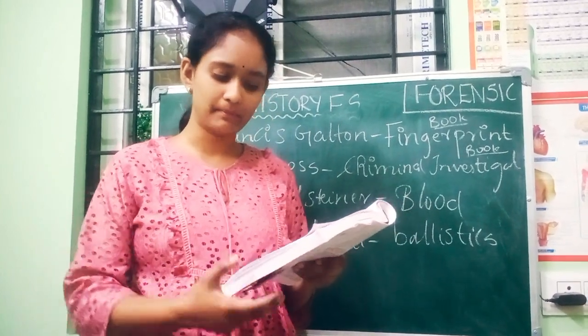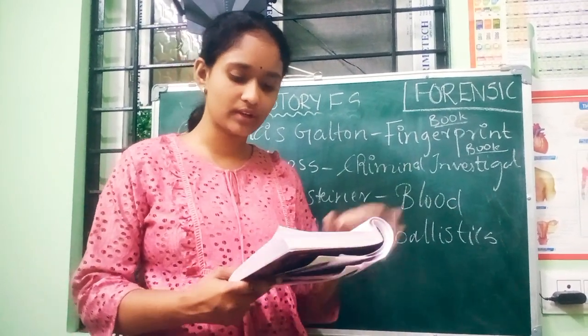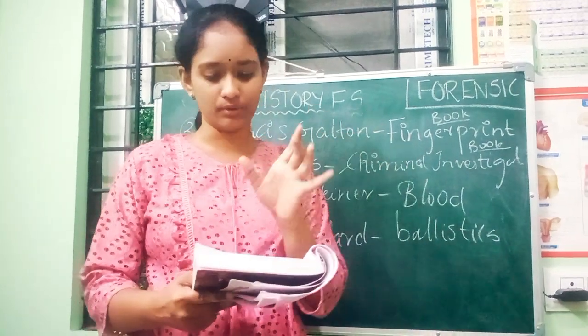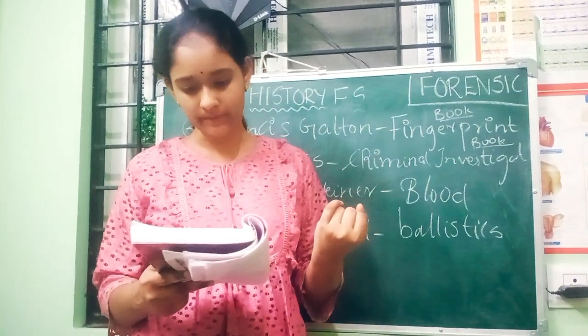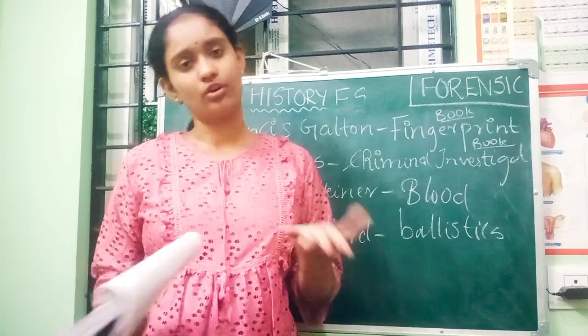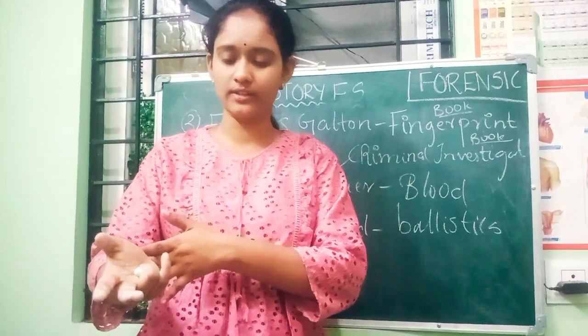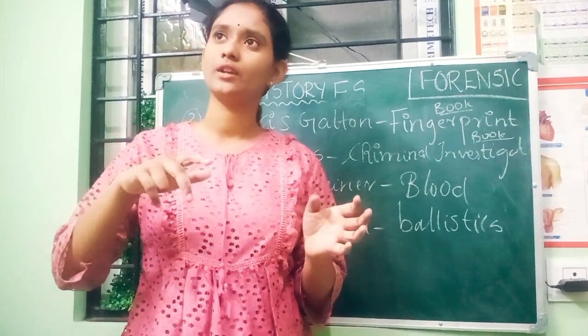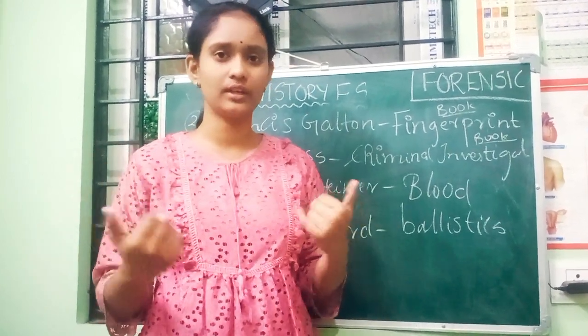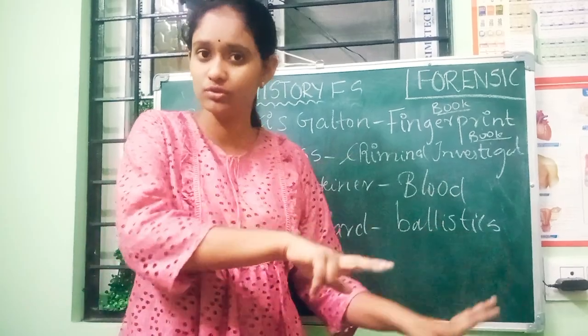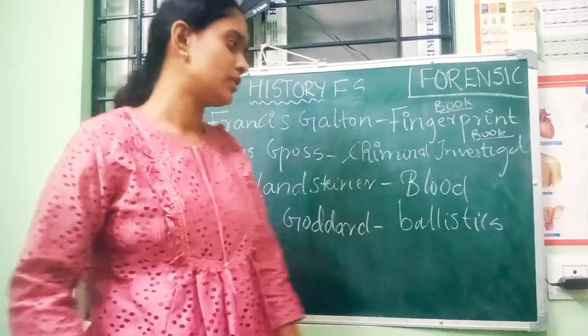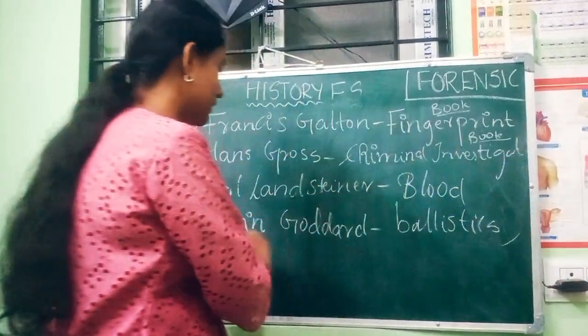He developed a comparison microscope to compare crime bullets and test-fired bullets to determine whether or not a particular weapon was used. We have many types of firearms, big guns and short guns, so you can differentiate which weapon was used. You can analyze that.